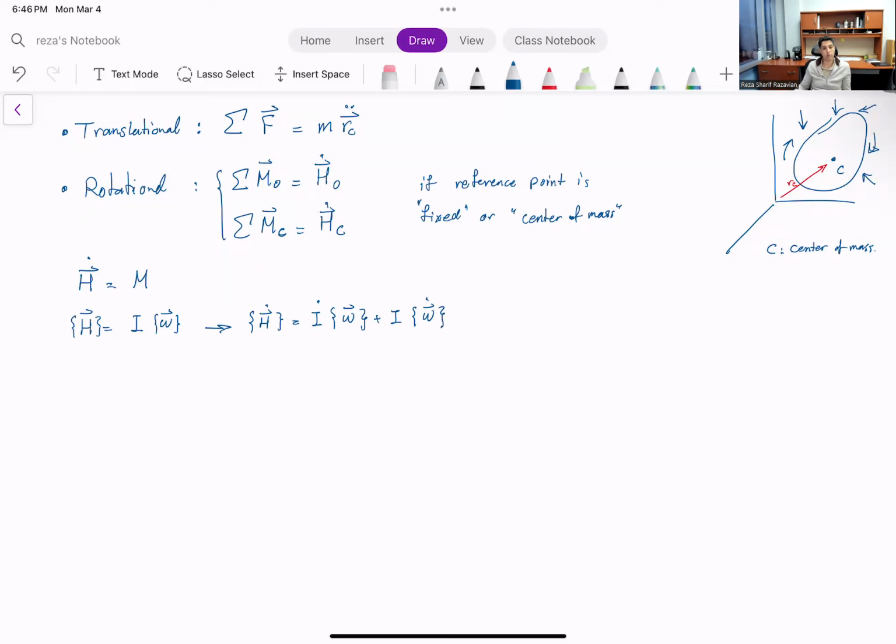And again, to reinforce the notation, whenever I use these curly brackets, I want to emphasize that it is a matrix version of a vector.